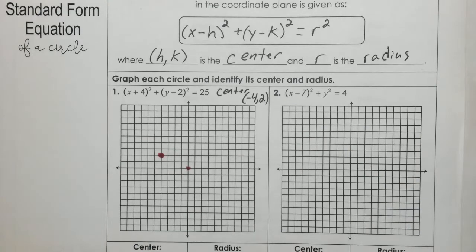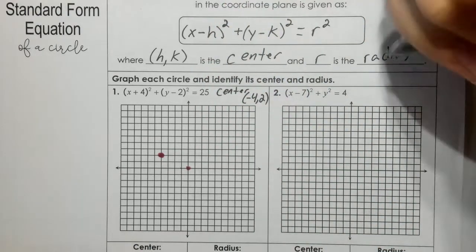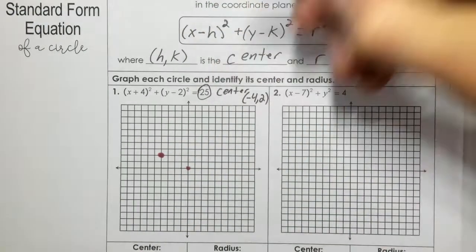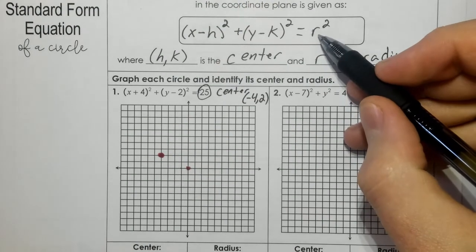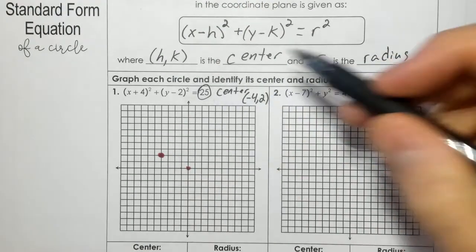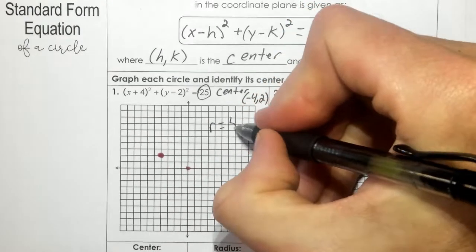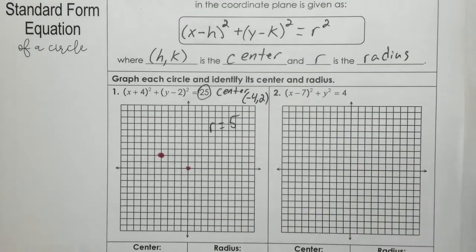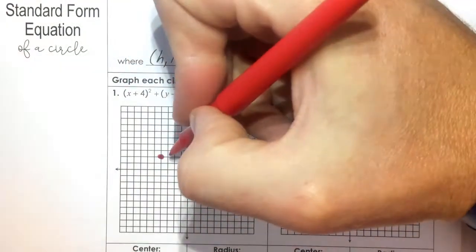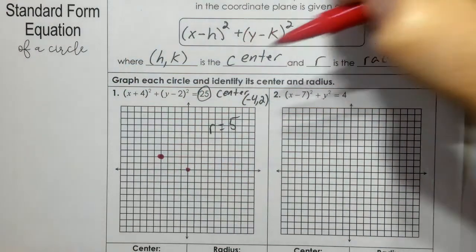Okay, now this part of the equation, 25, is r squared. Okay, well, if r squared is 25, that means r would have to be just 5, because 5 squared is 25. So that tells me that the radius of this circle is going to be 5.